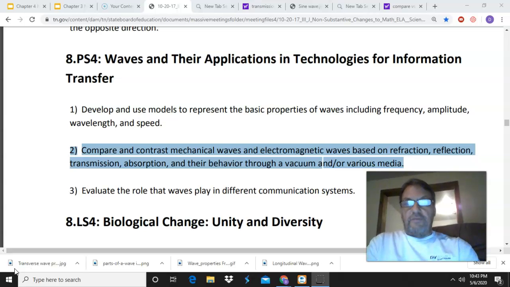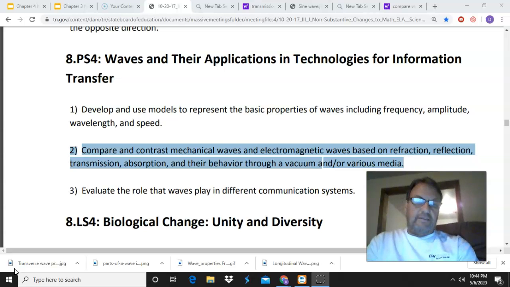But when they travel through a medium like the mechanical waves do, they act the same in those situations. They still reflect, they still refract or bend due to a change in speed when they're going through a different medium. So as far as that is concerned, that's how they are going to be alike.